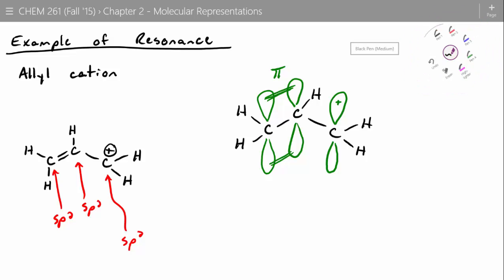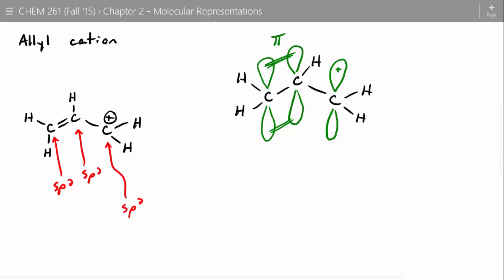And so if we look at this molecule, we can actually draw that pi bond flipping from that left-hand side over to the right-hand side. So those electrons are actually aligned with that vacant p orbital, and they can delocalize into it. So let's redraw this down below.